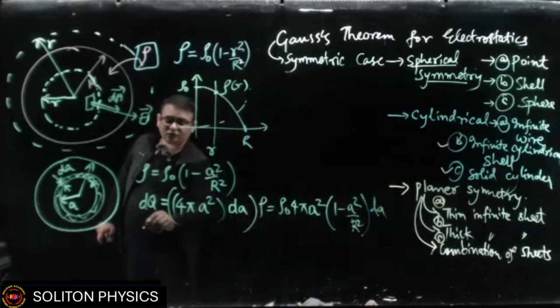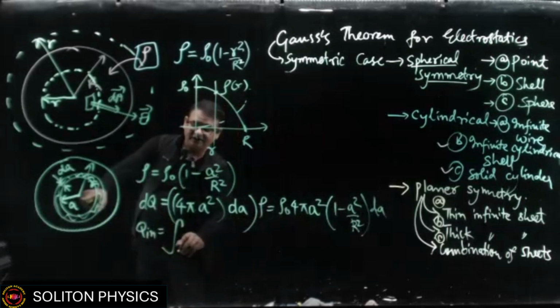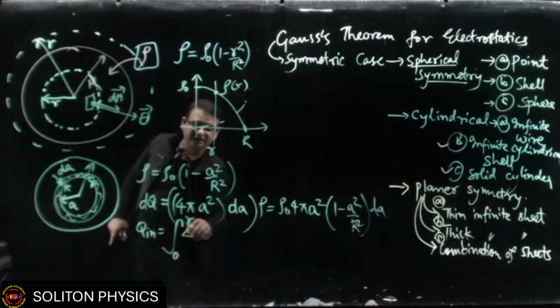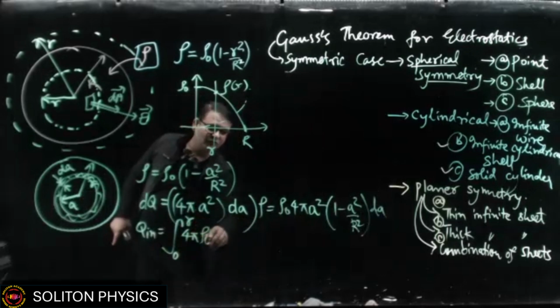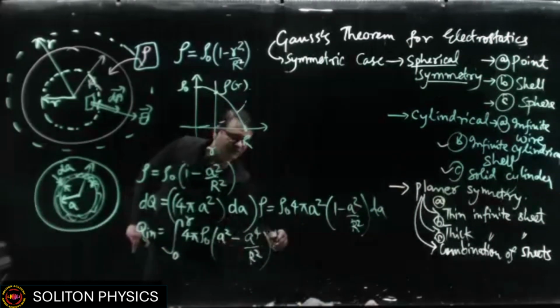Now if I want to know the charge inside, it will be from a equal to 0 to small r. So I can write 4 pi rho naught times the integral of (a square minus a to the power 4 by R square) da.